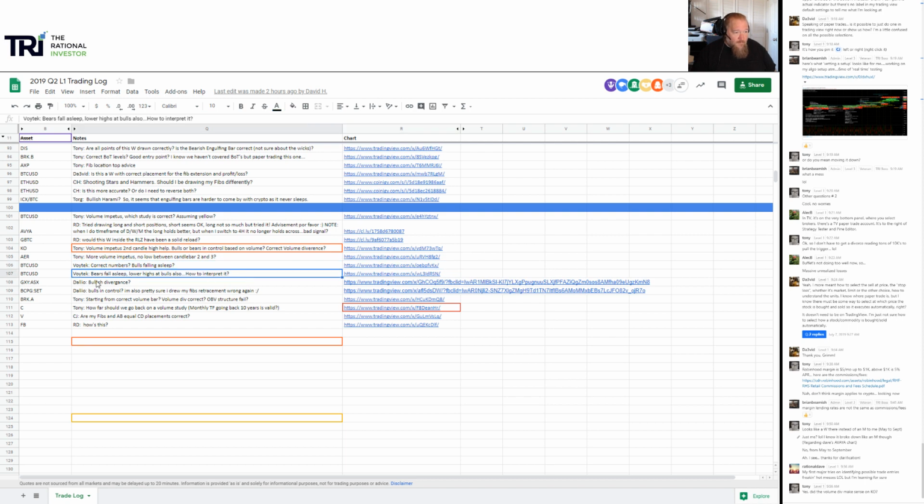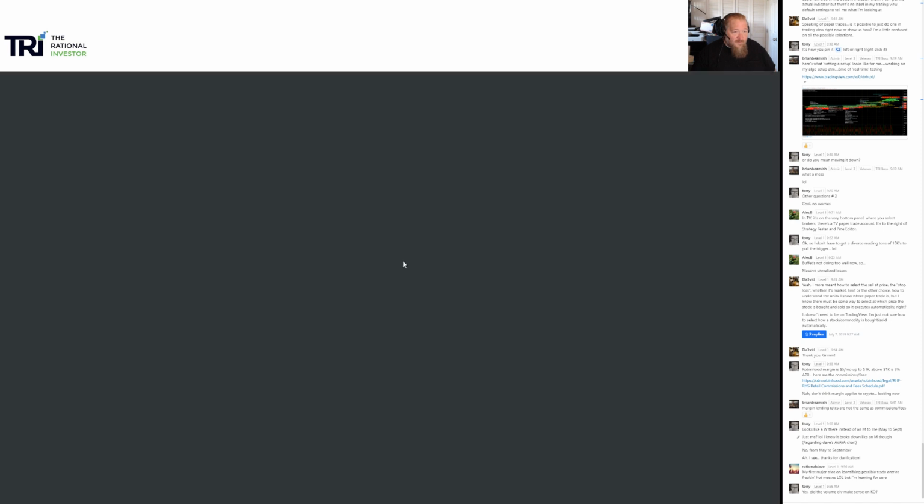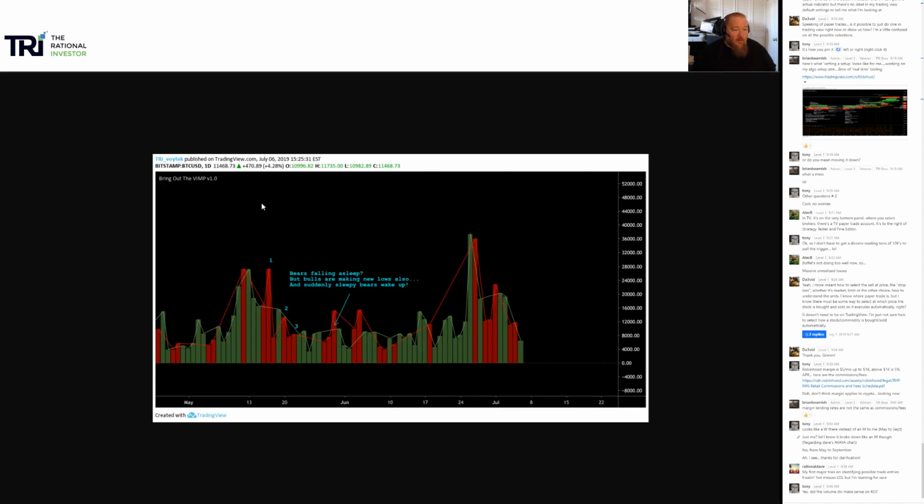All right, bears fall asleep, lower highs. Bulls, also how to interpret this. Okay, let's take a look. I don't so much like this for the bears falling asleep. This seems to be part of one move because these are all just bearish bars next to each other. What I'd want to see is 1, 2, that becomes 2, 3 down here, really here, right?